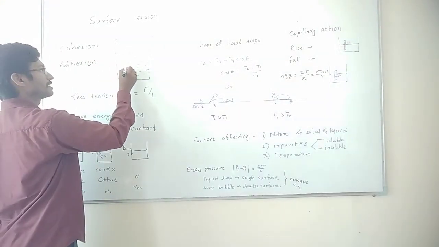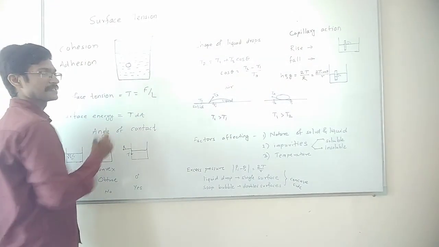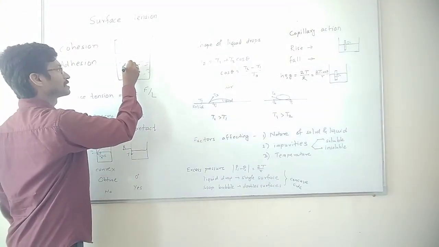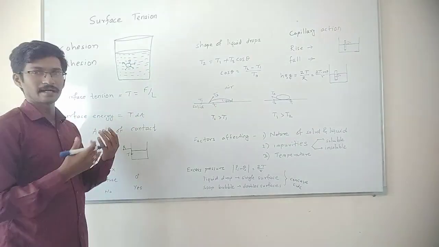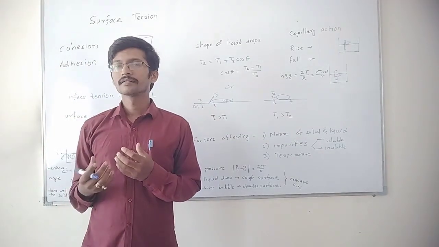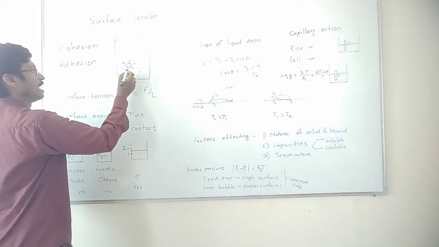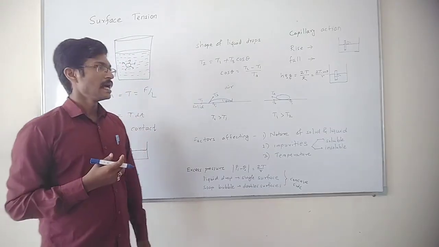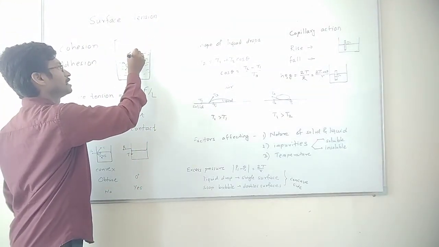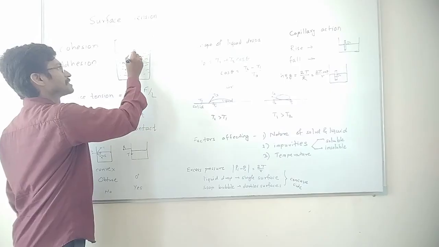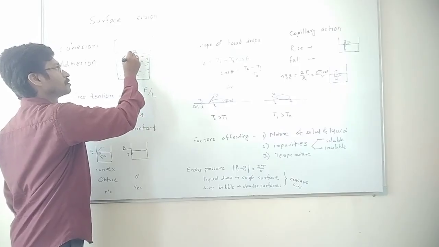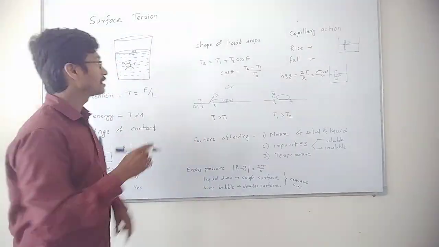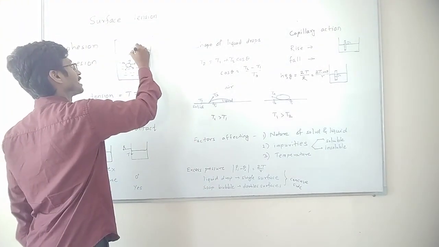Here you can see if the particle is inside the liquid, then all particles inside the liquid adjacent to that will attract the particle, the molecule, and that will be cohesive force. But if you look at the particle or the molecule at the surface, there will be cohesive forces from the particles beneath the molecule in the surface, but there will be adhesive force from the air molecules.